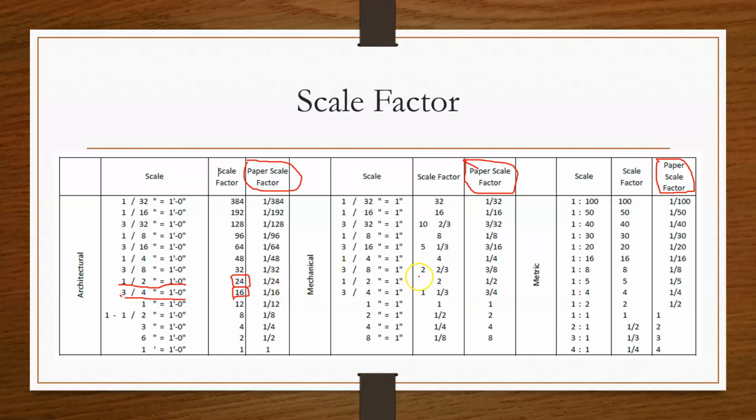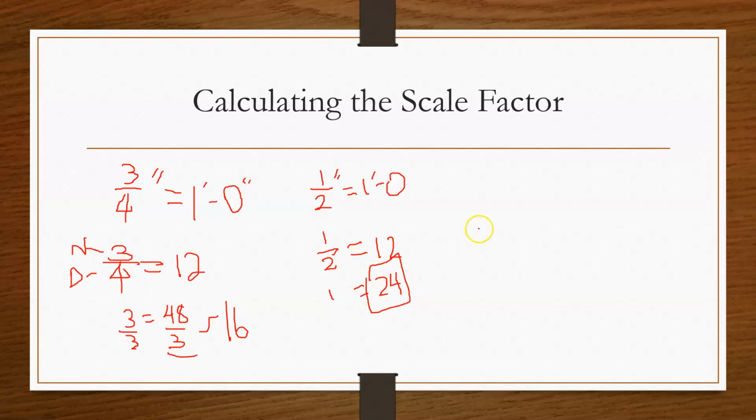Now I left these in fraction form, but I'll take this one for example, and I'll show you why I left it in fraction form. So this is 3/8 equals an inch, right? So on this side, if I take a look at 3/8 equals 1. Okay. Same rules apply.